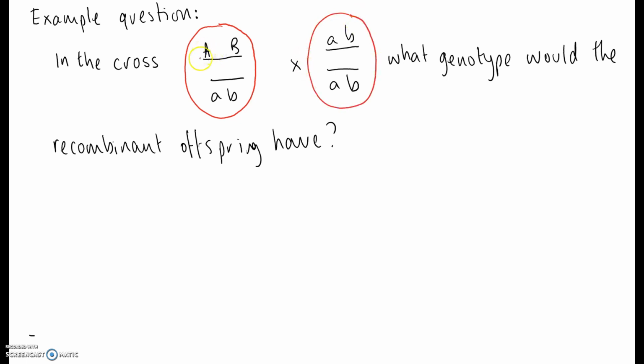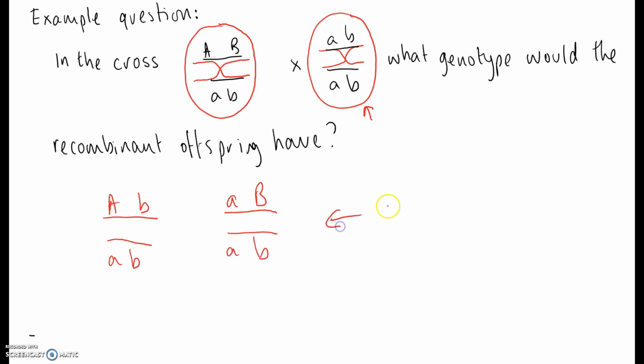So if I think about what the recombinant offspring would look like, well, they're going to have the recombinant gametes, okay? So here a recombinant gamete would be big A, little b, and up here the recombinant gamete would be little a, little b. The other possible recombinant gamete would be little a, big B, and then little a, little b.